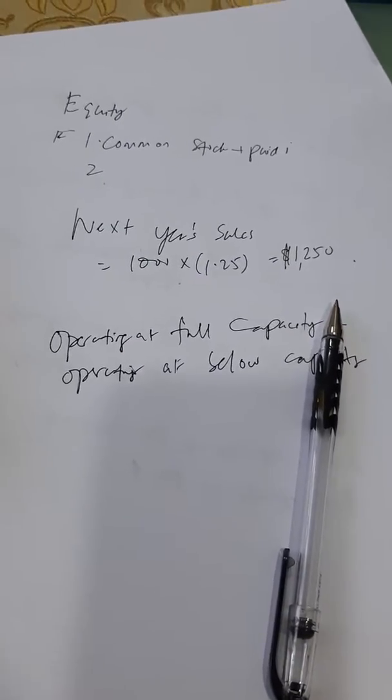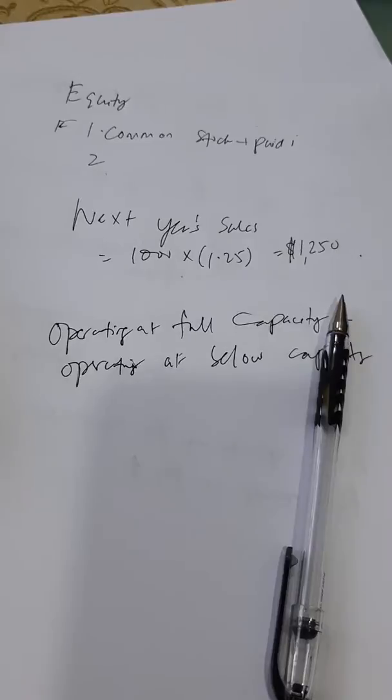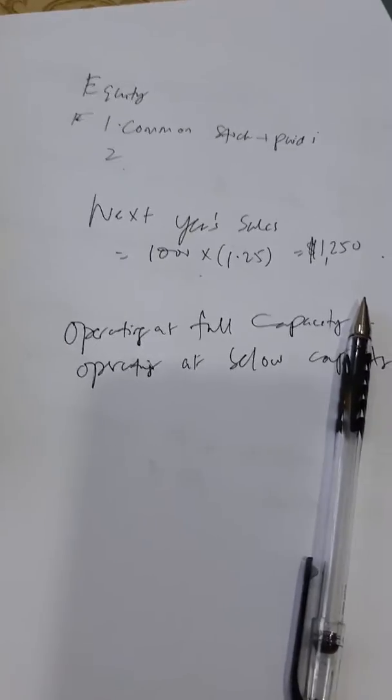Operating at full capacity and operating at below capacity. Okay, let's say for example, we take an example of a factory that produces cars. Proton lah, let's say for example Proton.